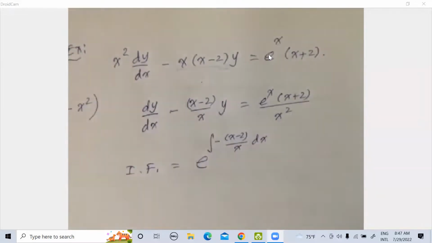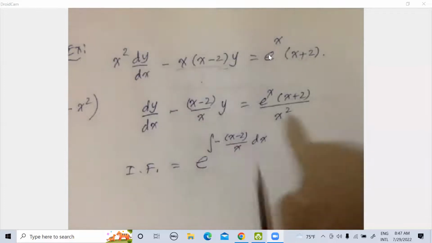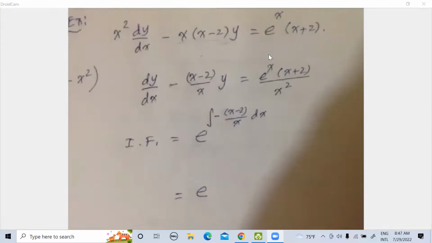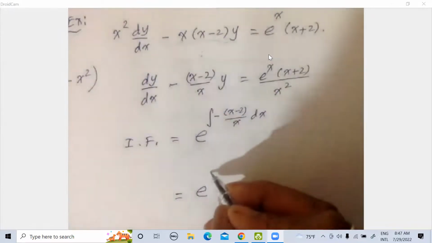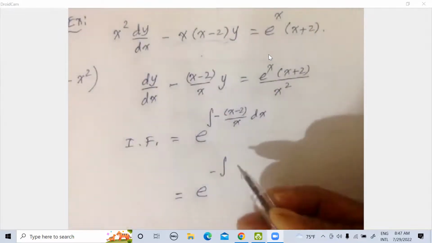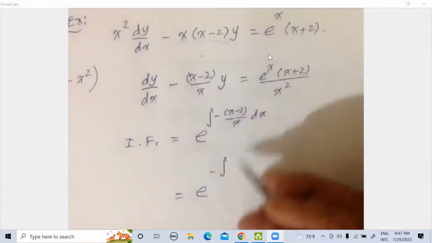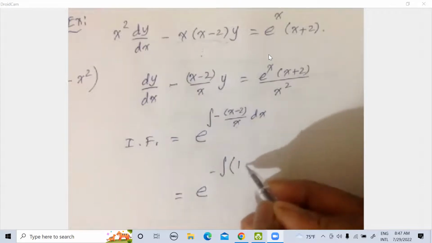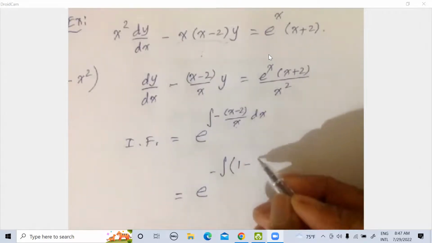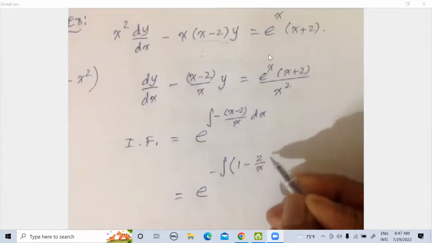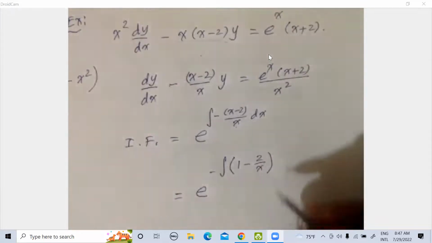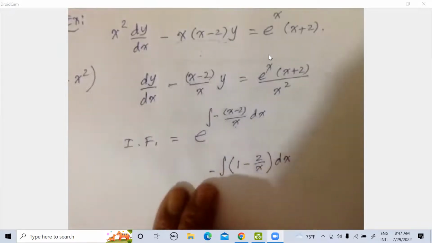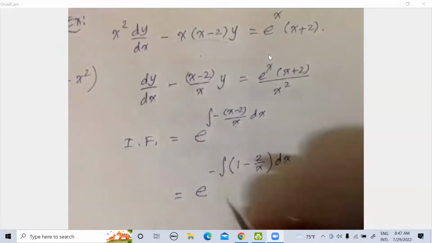How do you integrate this one? E to the, take the minus sign out, integral, then divide: x over x is 1, minus 2 over x, dx.